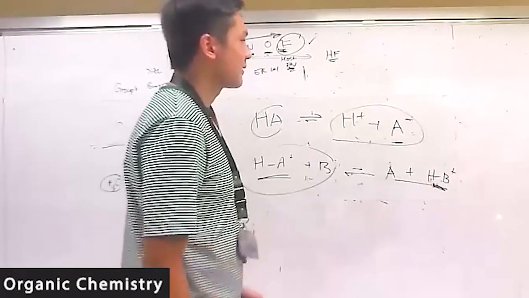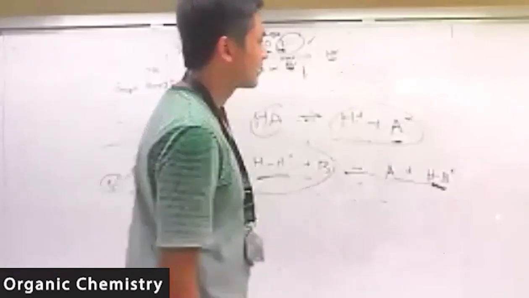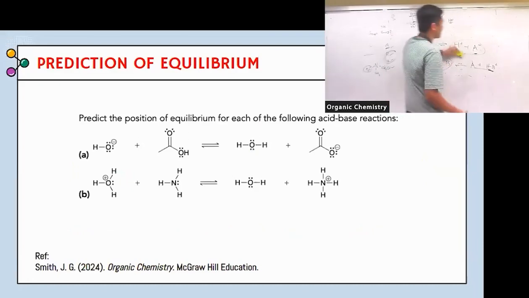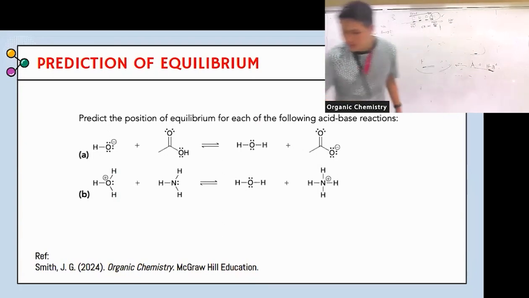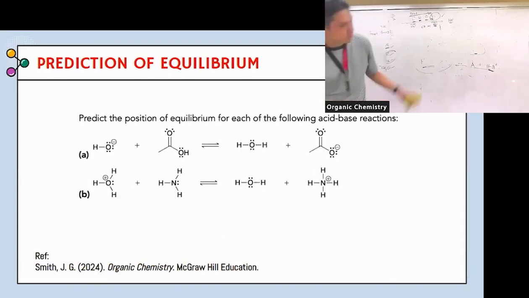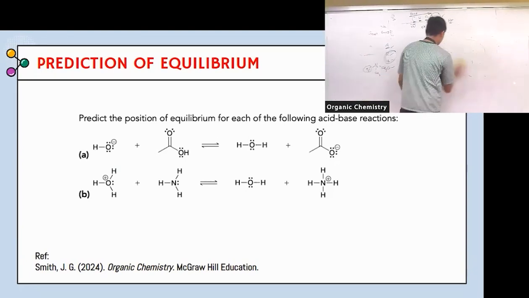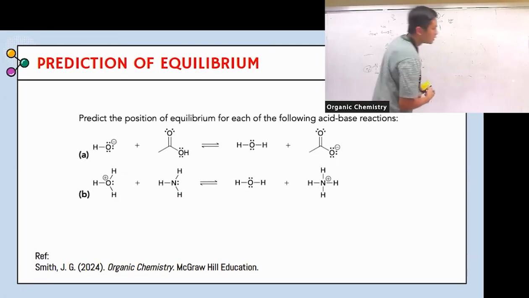Next slide. So how do we put this general concept in practice? Here we have some examples of equilibrium reactions. Let's take for example the first one. Let's draw OH minus plus, what's that?